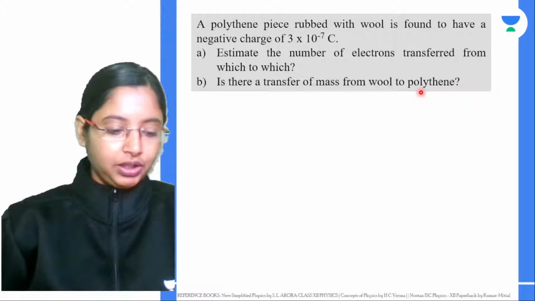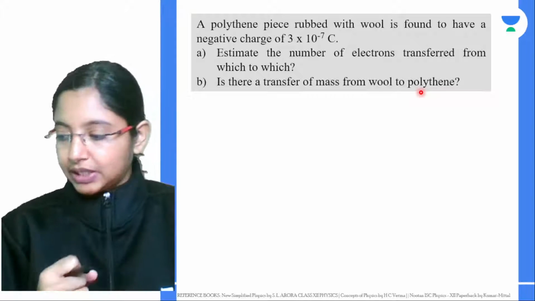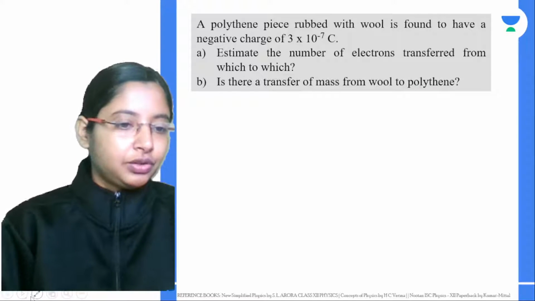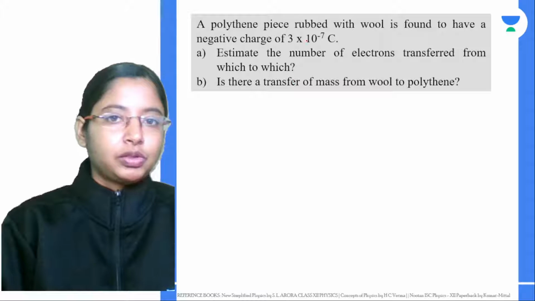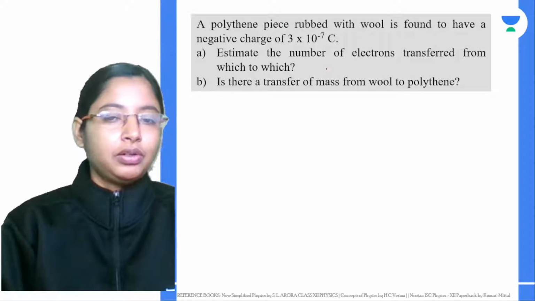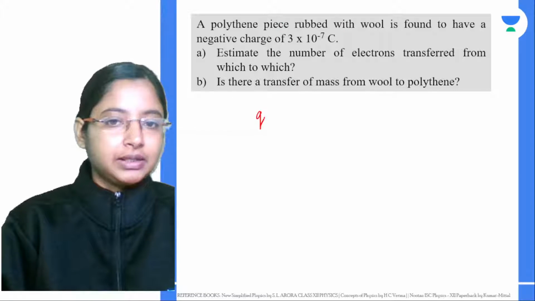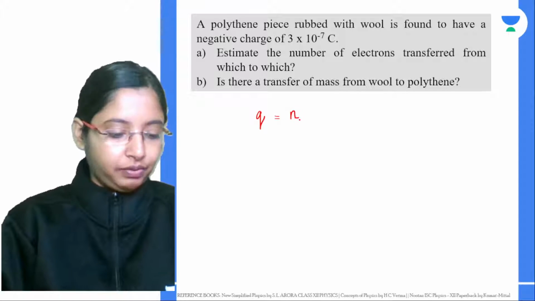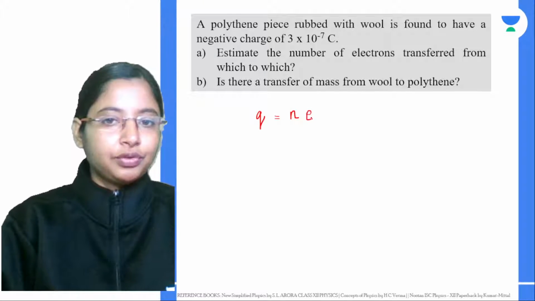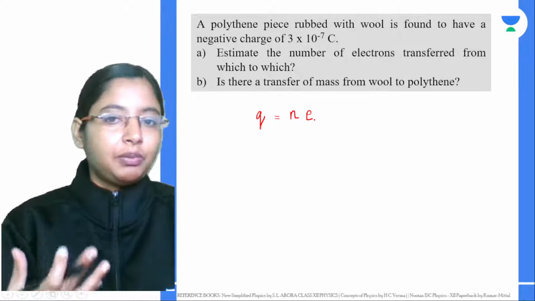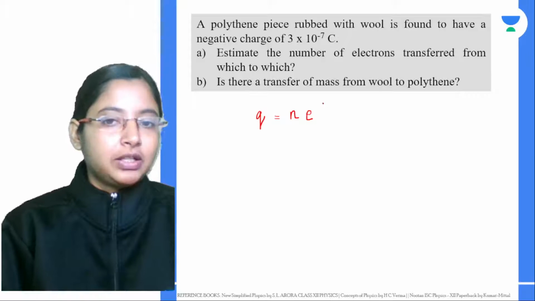To solve this question, the concept you will be using is quantization of charge. The total charge in any system, the polythene or the wool, is equal to the number of elementary particles, an integral value, times the charge on one single particle.